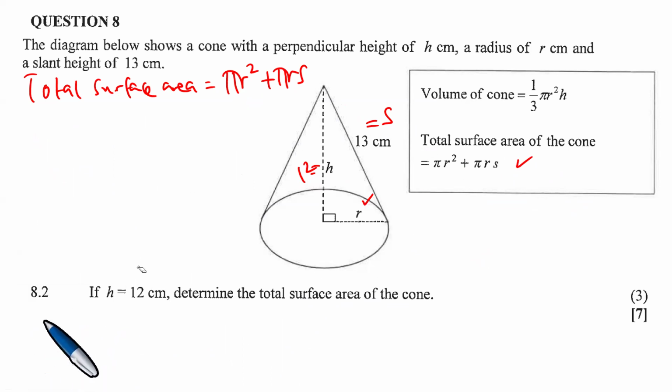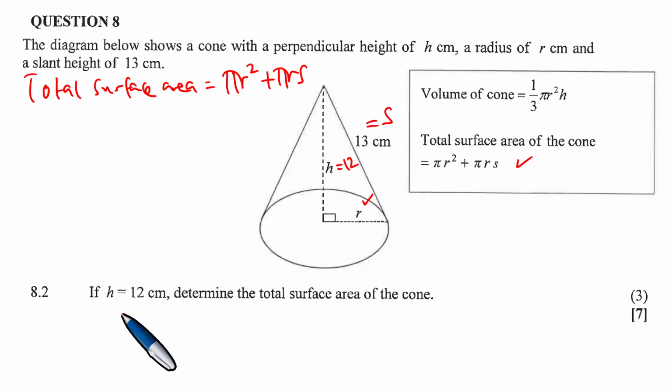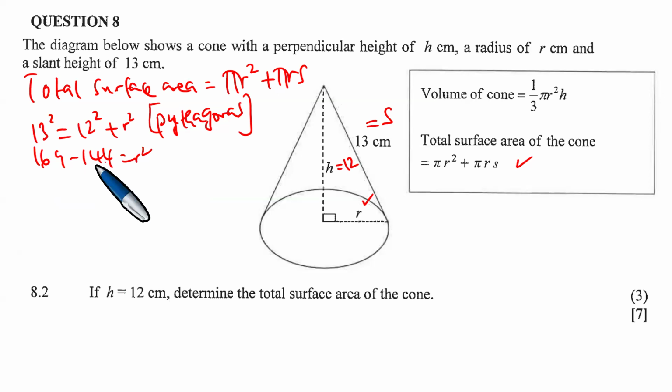If h is 12, r we can get using Pythagoras' theorem: 13 squared is 12 squared plus r squared, and the reason for this is our old friend Pythagoras. 169 minus 144 is 25. r squared is 25, so r is 5.